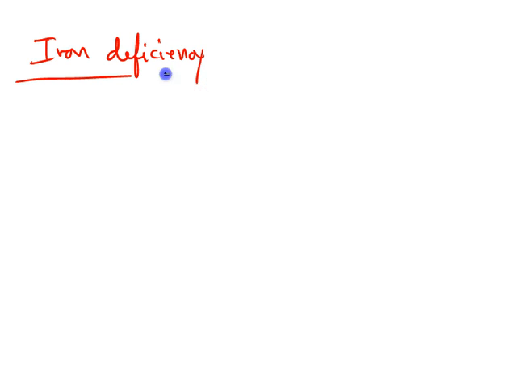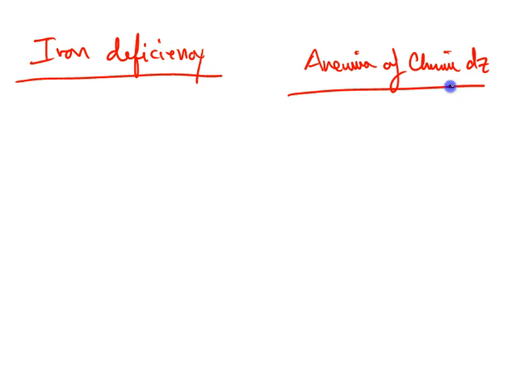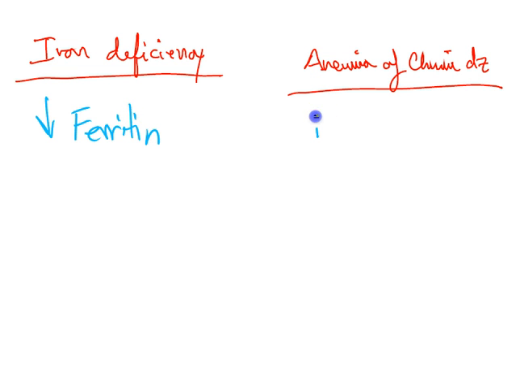Alright, so if we have an iron deficiency anemia and an anemia of chronic disease, iron deficiency anemia is going to have a decreased serum ferritin, whereas anemia of chronic disease is going to have an increased serum ferritin.